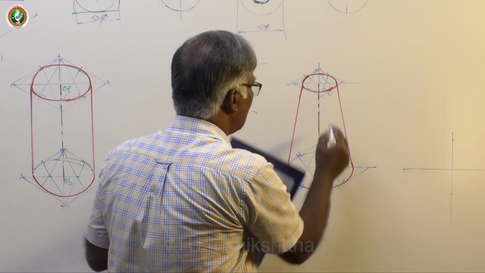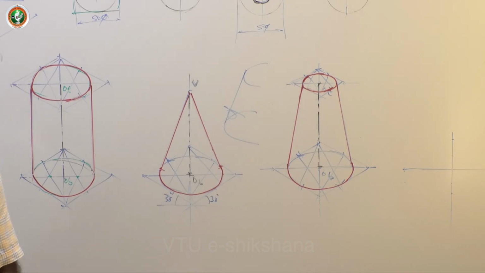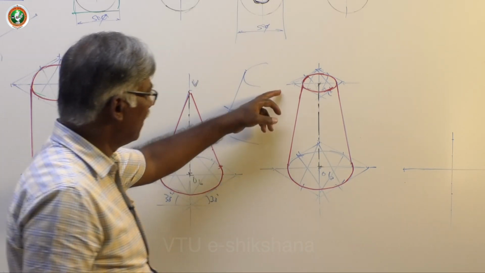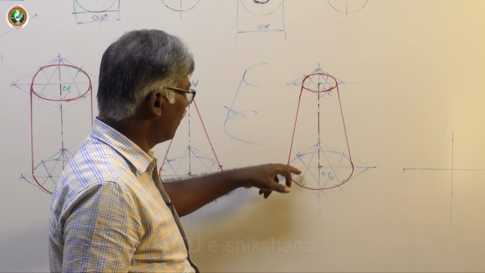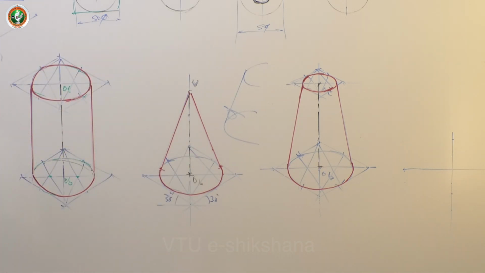That's all about the frustum of cone. So, base, top face and height. So, creating two ellipses at given height, that height equal to height of the frustum.